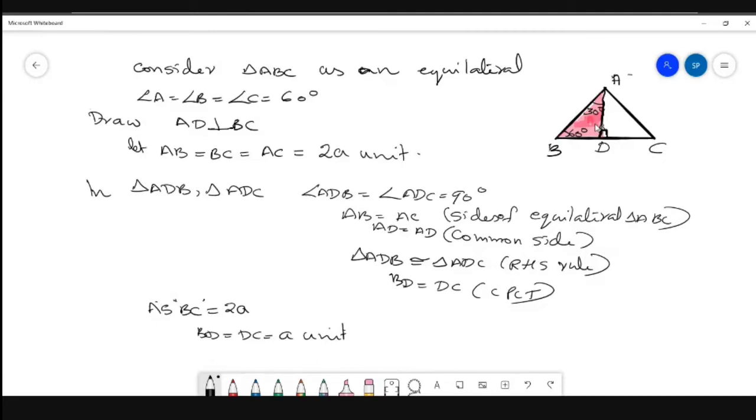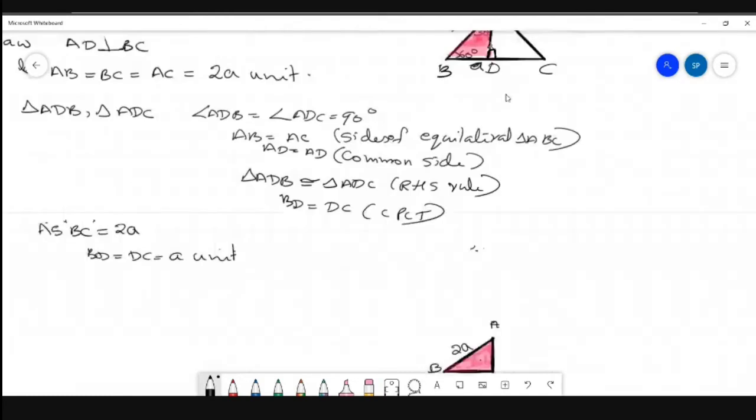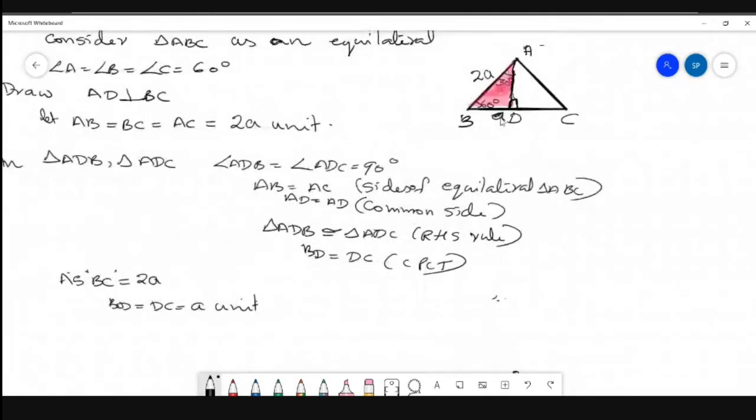So one by one we'll be discussing. Let us start with sine 30 now. So here we can mark BD as side A unit, and this is already 2A unit we have taken.